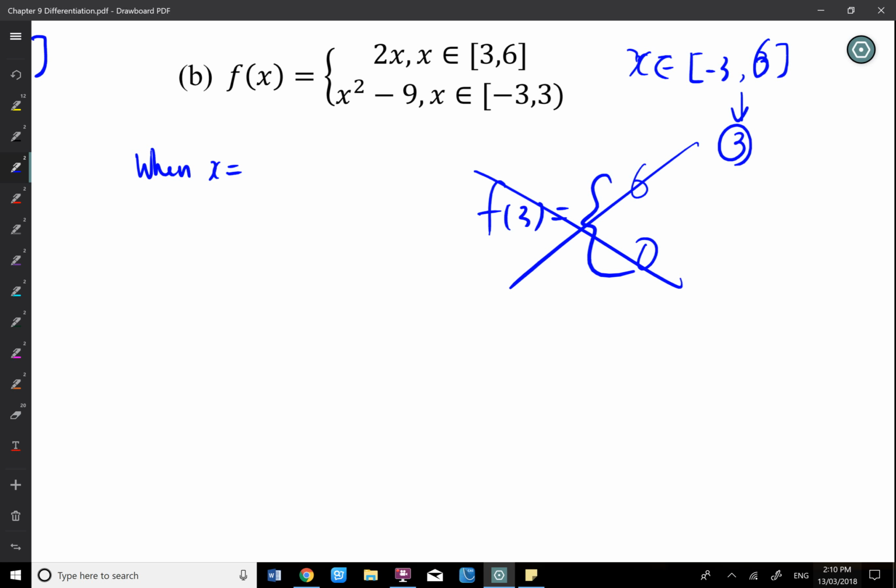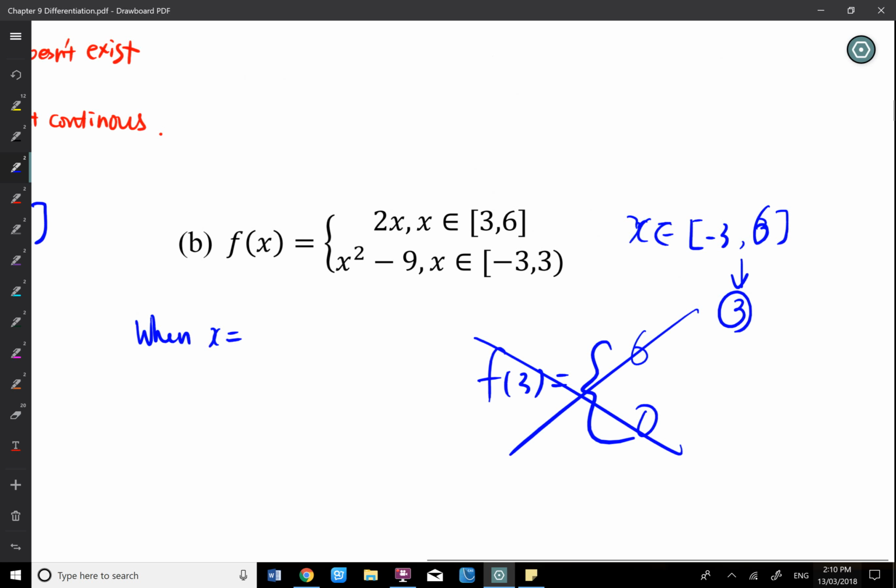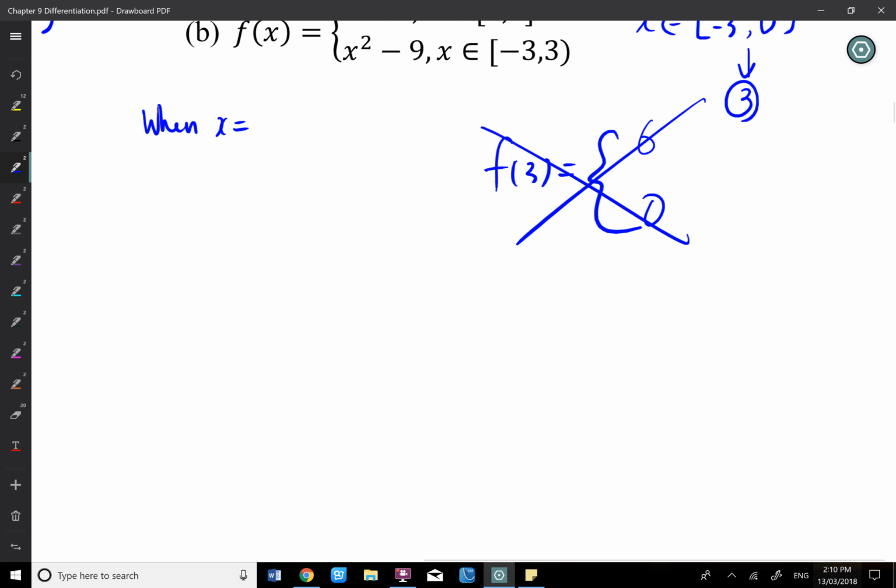Understand why we can't do that? Because in a hybrid function we can only substitute into one. f(3) means 3 is in that function, not in the other one. That's an open circle. You can never get 2 values for a function. One x maps to one y value, not 2 y values. So f(3) is not a good notation to use.